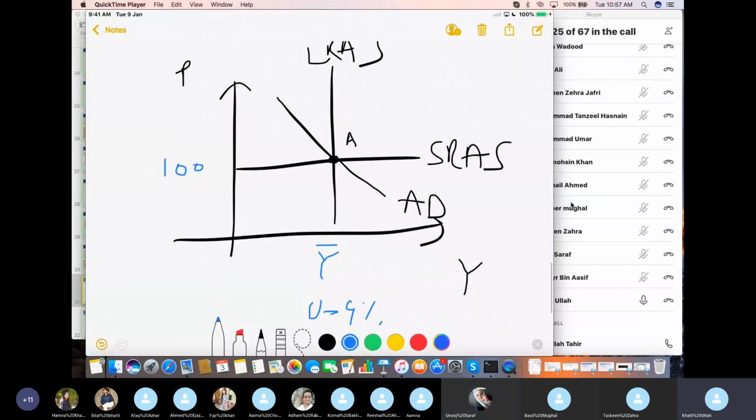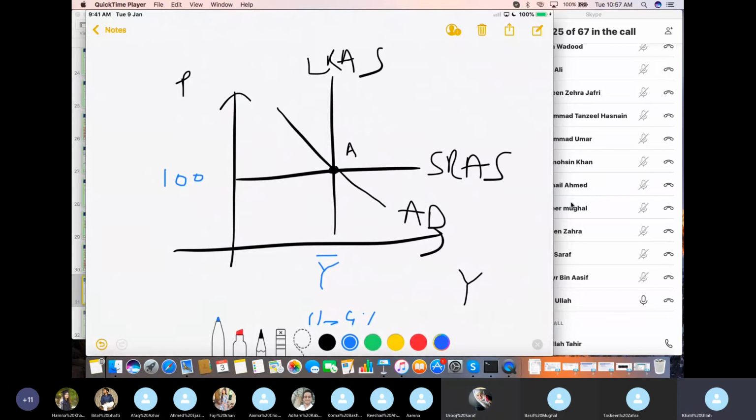Right? So now we're discussing shocks. And what we've said is that shocks can impact either the demand or the supply. And when it comes to demand, there can be a positive demand shock and a negative demand shock. A negative demand shock we've discussed. When the stock market crashes, aggregate demand falls.